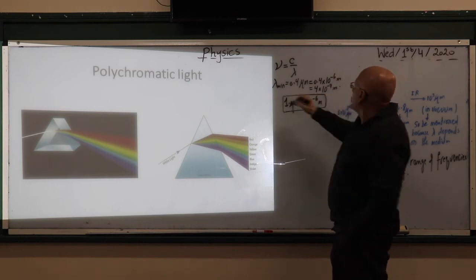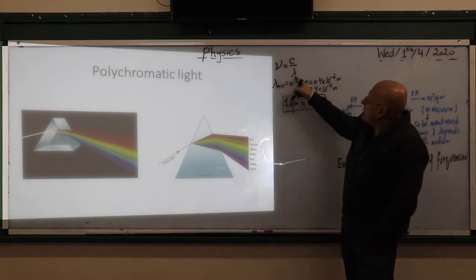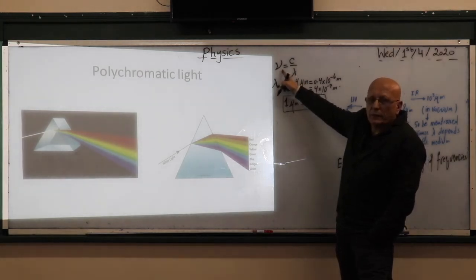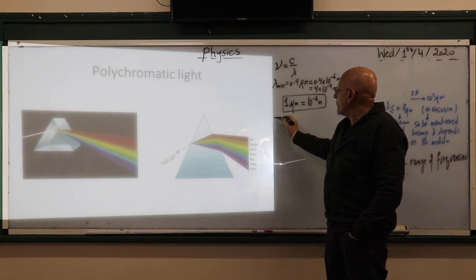So if lambda is minimum, then the frequency is maximum because they are inversely proportional.